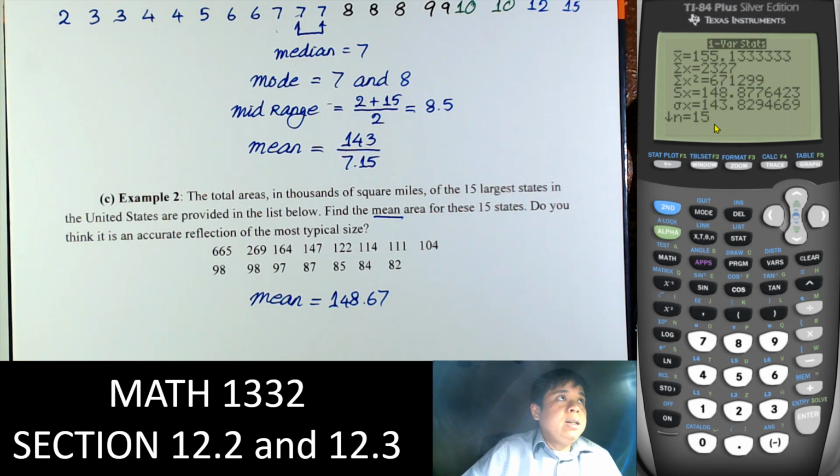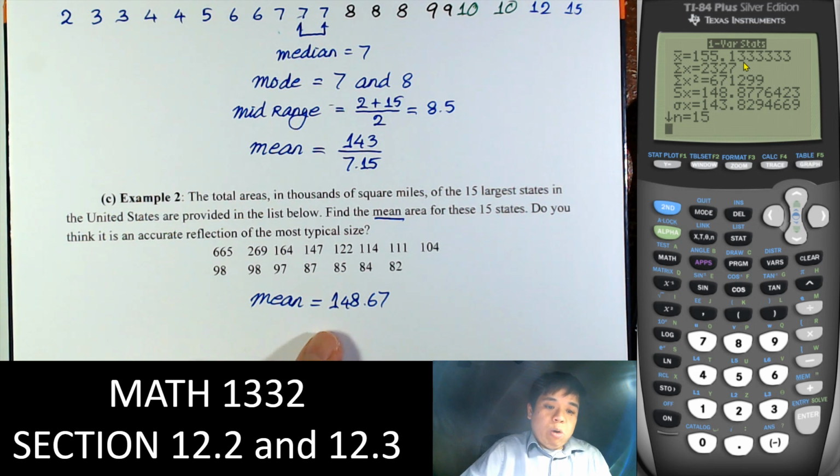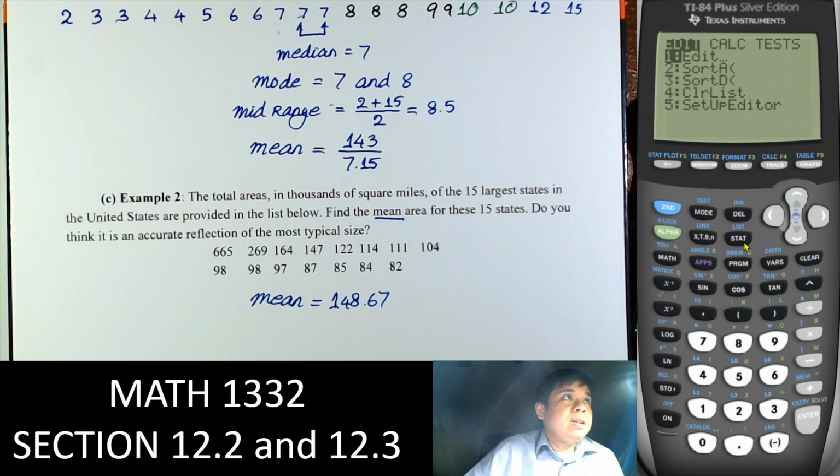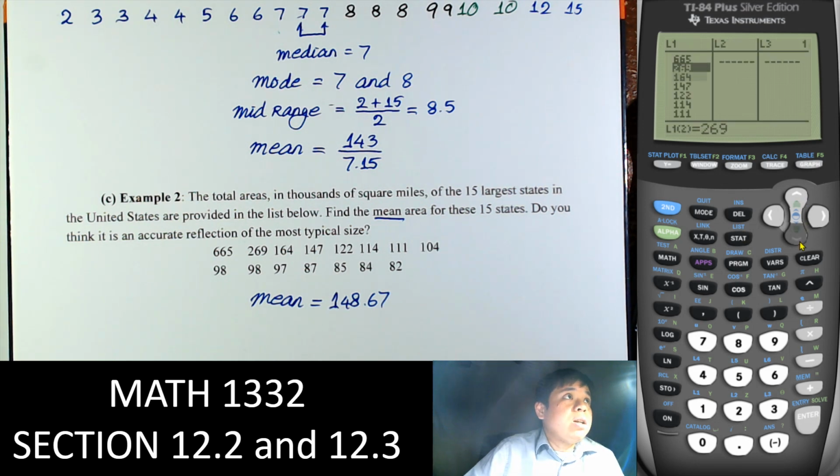And we have the mean, 155.1. Obviously we have to check the calculation again. The numbers are 665, 269, 164, 147, 122, 114, 111, 104, 98, 98, 97, 87, 85, 84, and 82. That's more like correct.